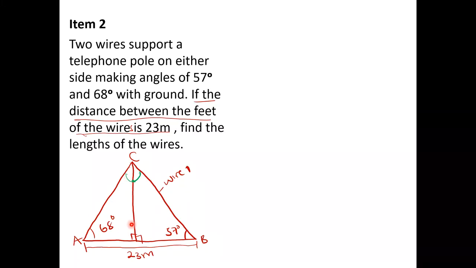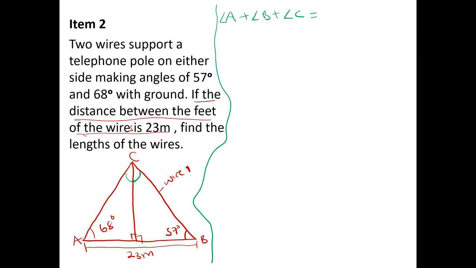So how can I find angle C? Angle A plus angle B plus angle C is equal to 180 degrees.